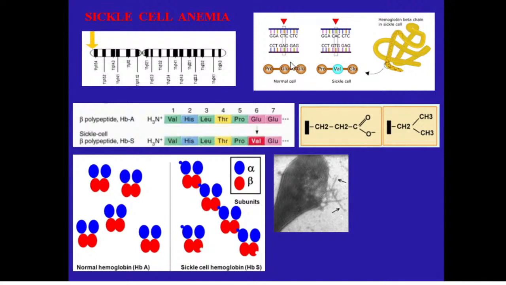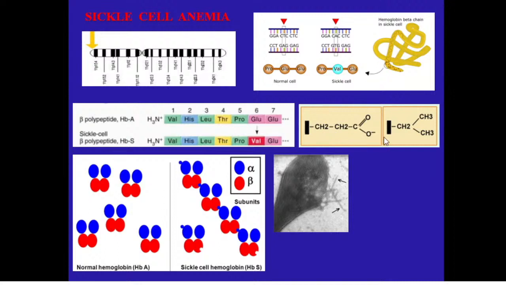In normal hemoglobin there must be glutamic acid, but due to the change in nucleotide sequence, from adenine to thymine, valine is placed by the ribosome, and this will lead to all other complications.